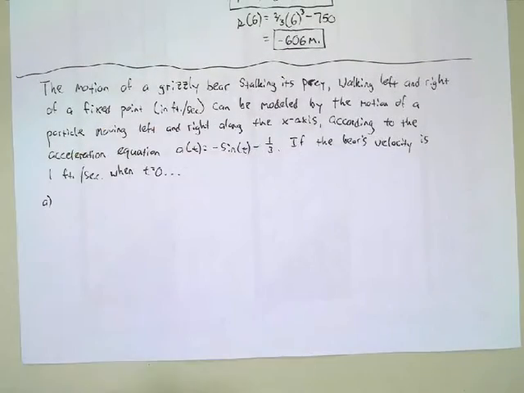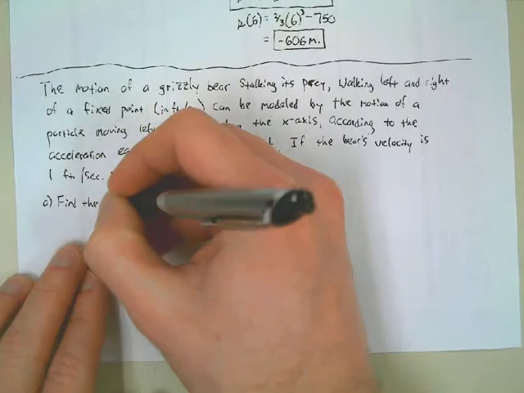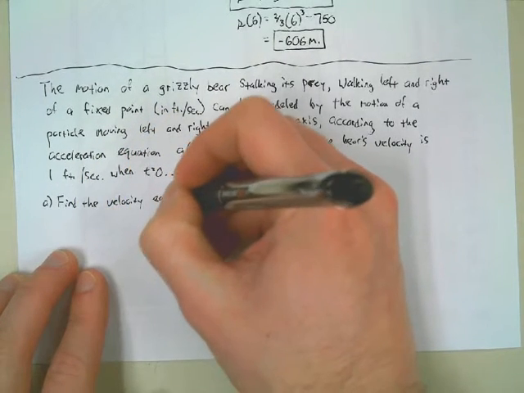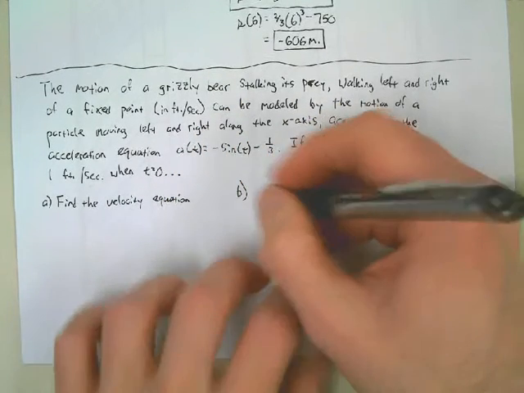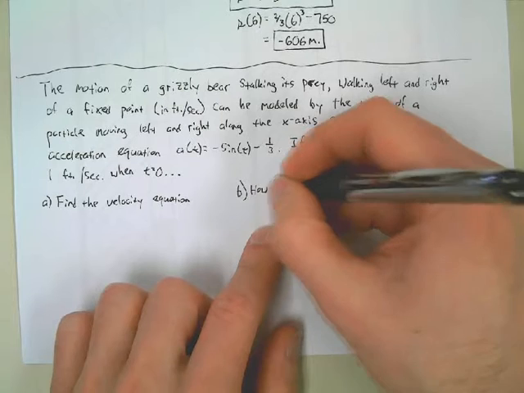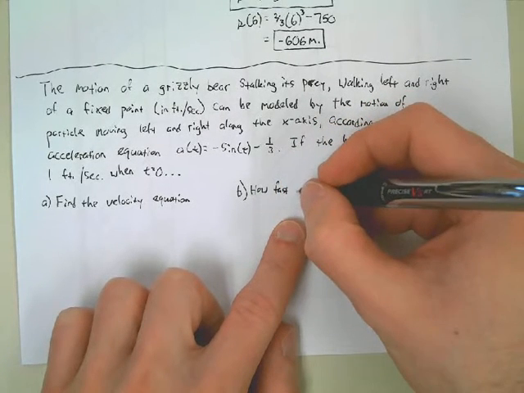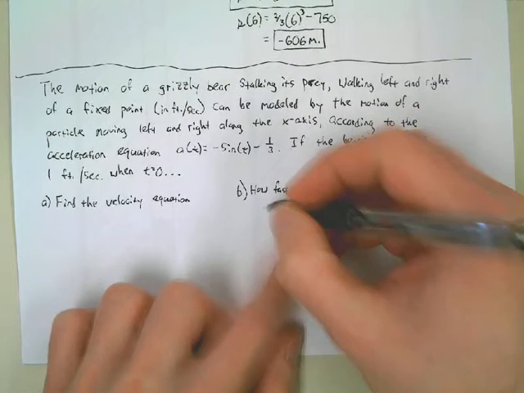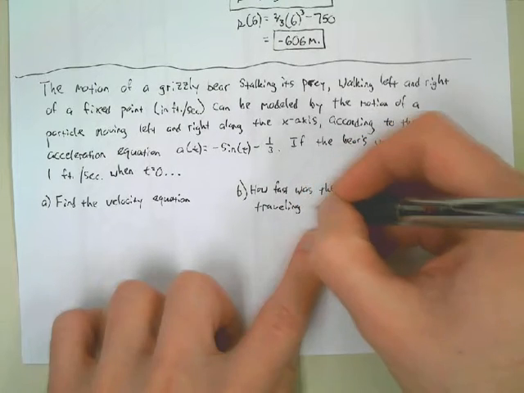Find the velocity equation. How fast was the bear traveling at t equals 7?